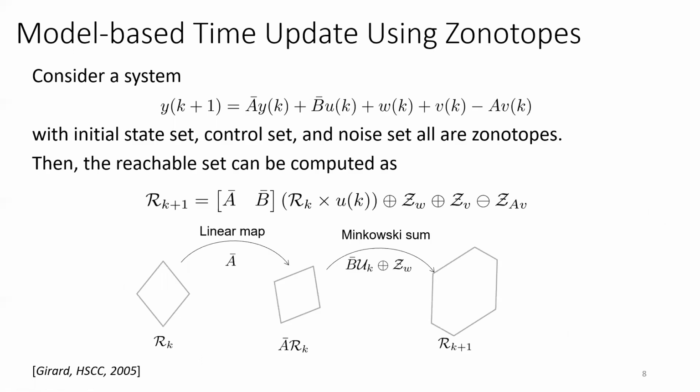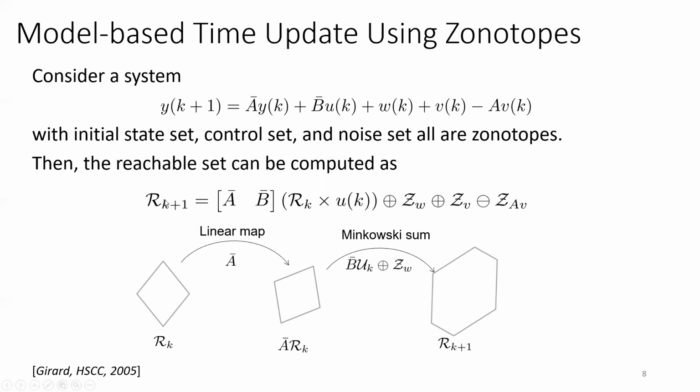These nice properties qualify the Zonotopes for an easy model-based time update. Consider a system where we have x_{k+1} equals Ax plus Bu, and we have the C matrix as identity, which is the output matrix. So we will have y_{k+1} equal the following.